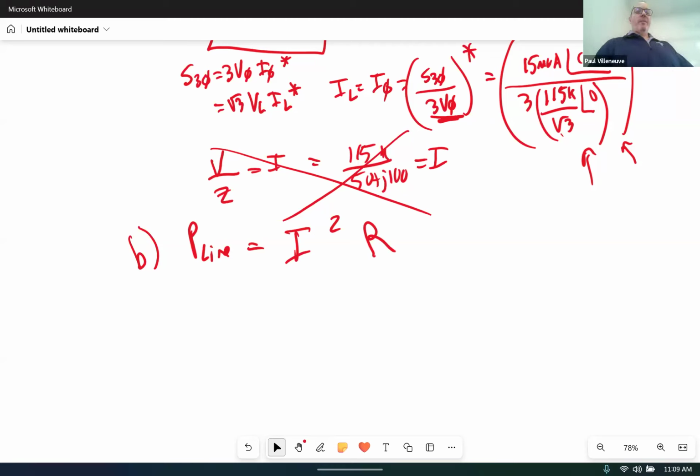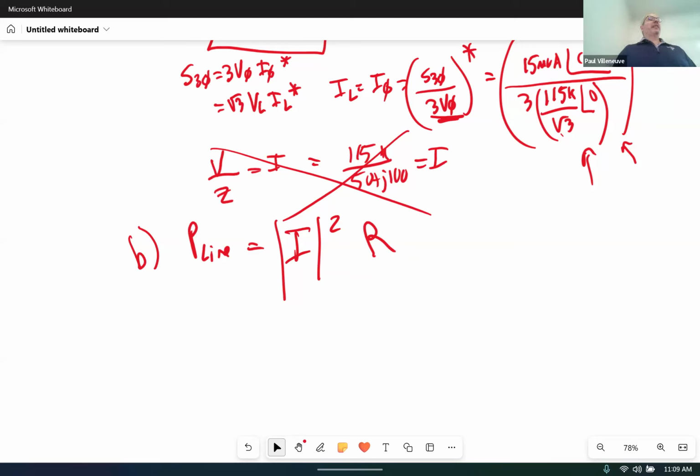And I also warned people too, that has to be a magnitude of current. And at the exam review, I said, I don't want to see any powers equal to 7 plus J2. There should be no J terms. Power is a purely scalar number, real power. Reactive power is a scalar number. It's only when you add them together in S do you get a vector.